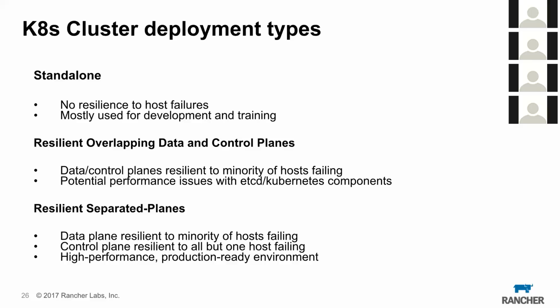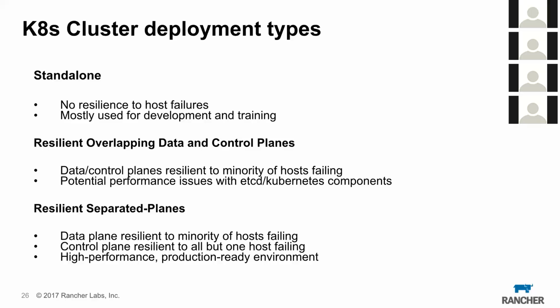Another deployment type would be that you have a number of hosts in your environment where the Kubernetes services are scaled and spread out over multiple hosts, and the etcd has a possibility for failures of single instances.